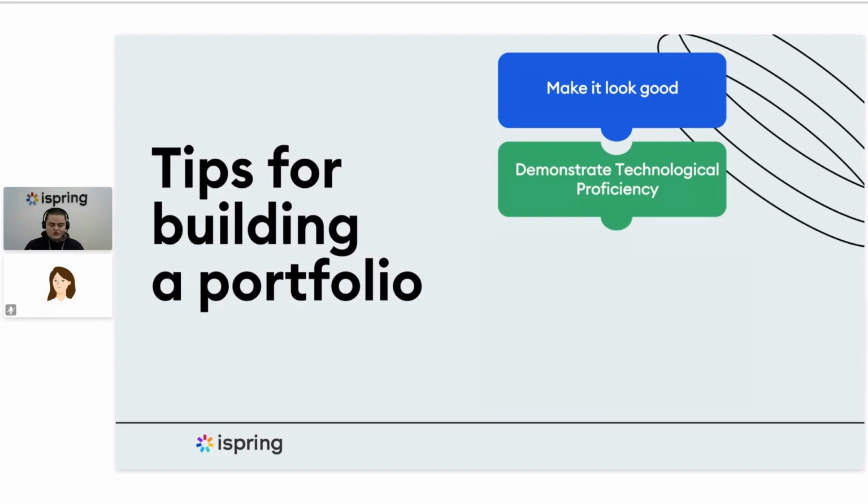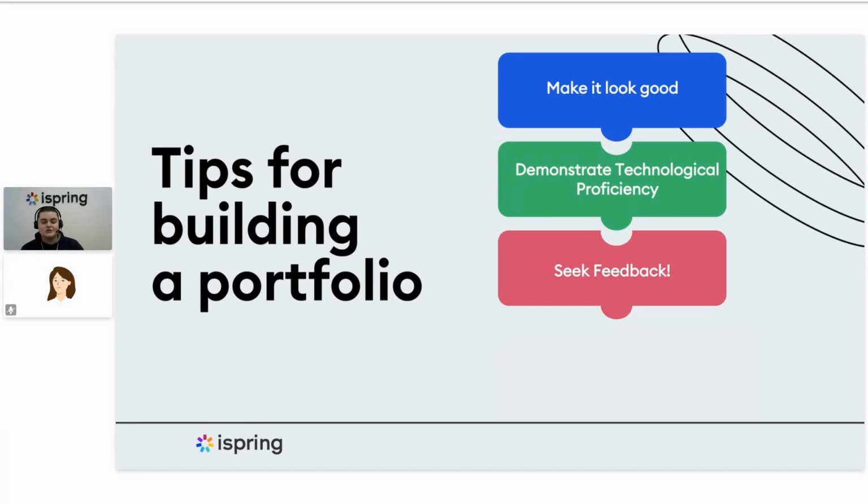Make sure things are tailored to your target audience. And for sure, seek feedback. You can share your portfolio with colleagues, mentors, or instructional design communities. There are a lot of them, to gather some constructive feedback. And use this feedback to improve and refine your portfolio over time.